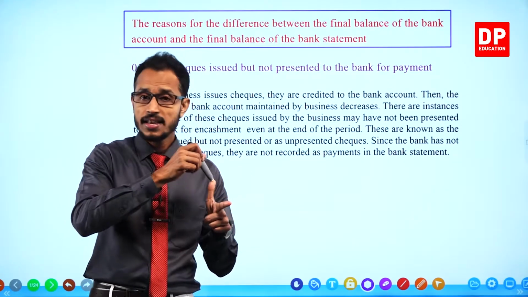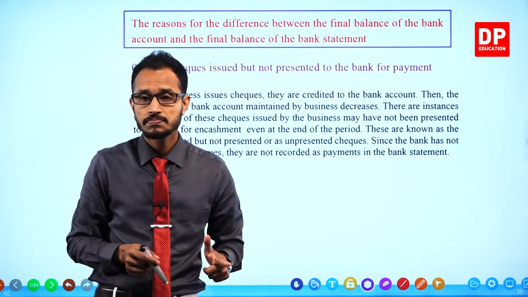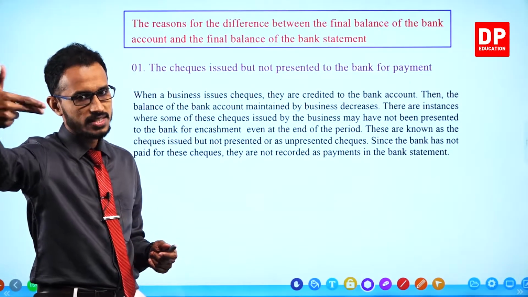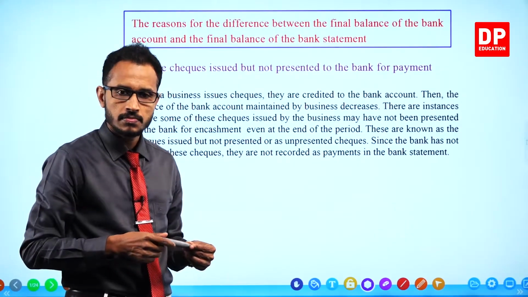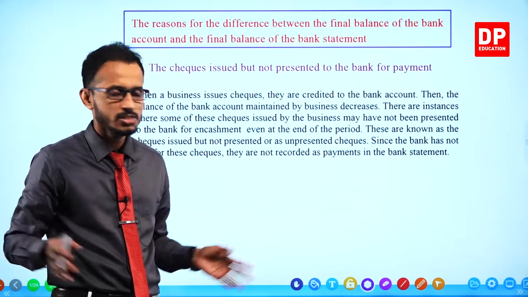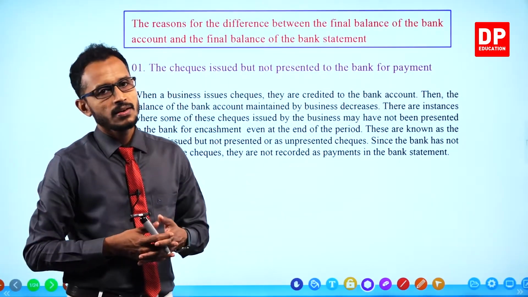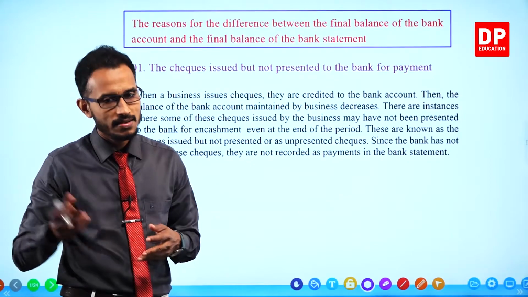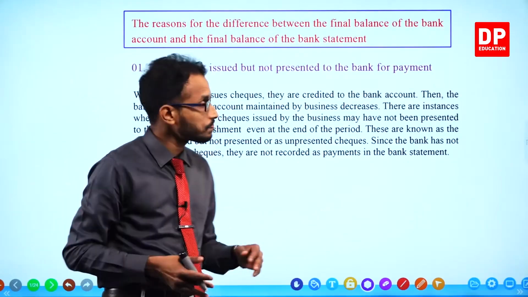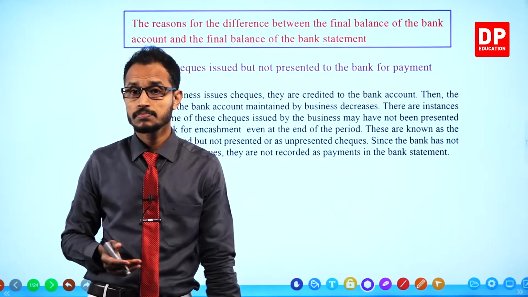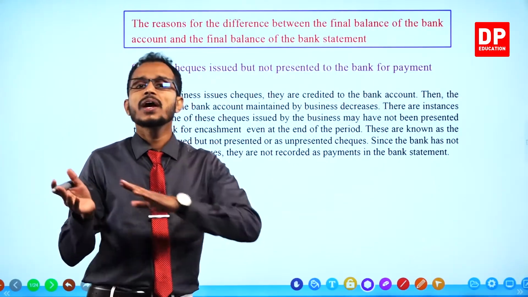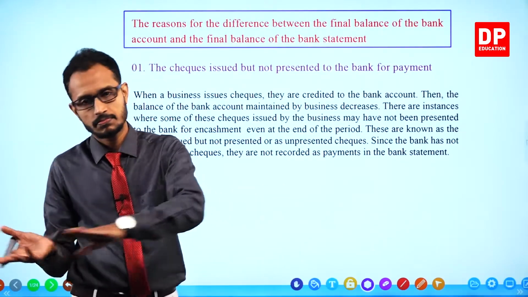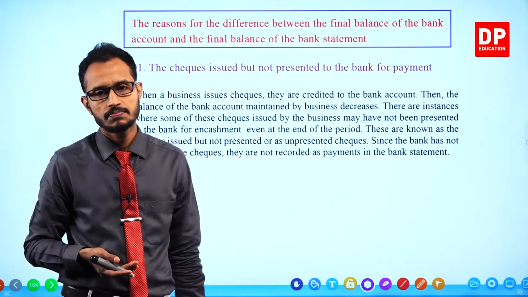Then we talked about the bank statement. The statement is a printed document sent from the bank, and I very clearly explained what it is. If you are still clueless, watch the previous session. The bank statement is sent by the bank to every business, to every current account holder, at the end of the month.